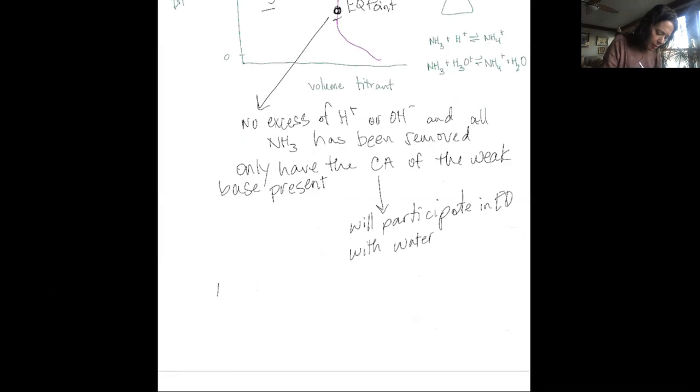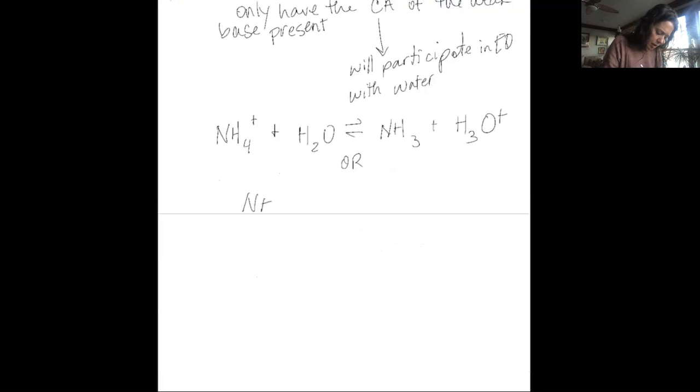So when we've got a bunch of ammonium ions sitting in our solution, there's going to be a slight dissociation, or you might like to see it simply like this.